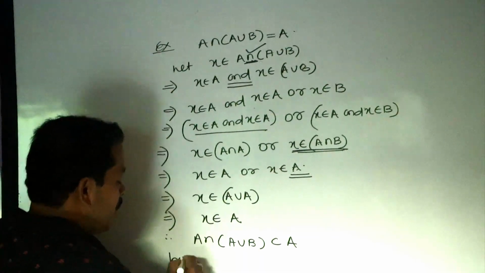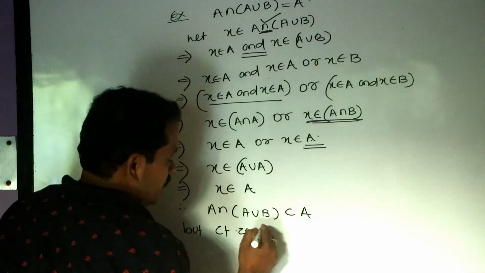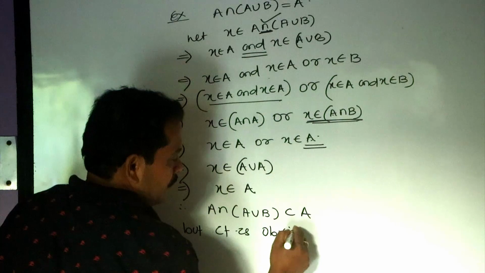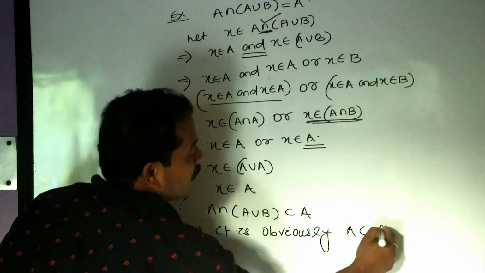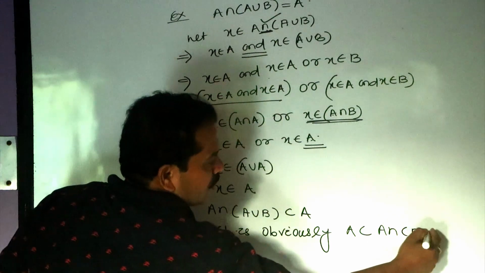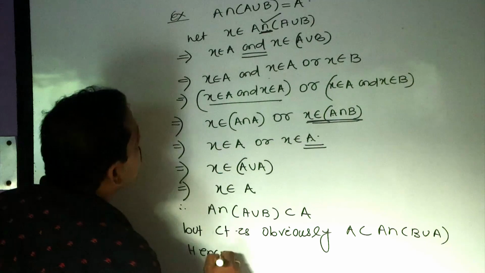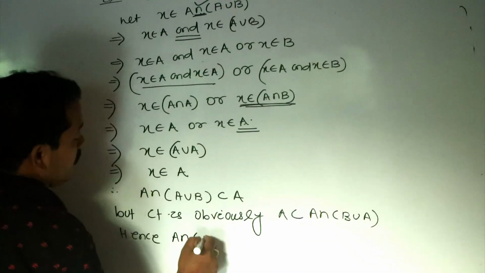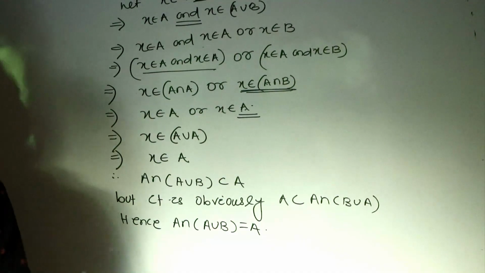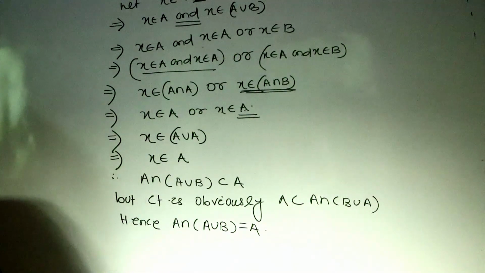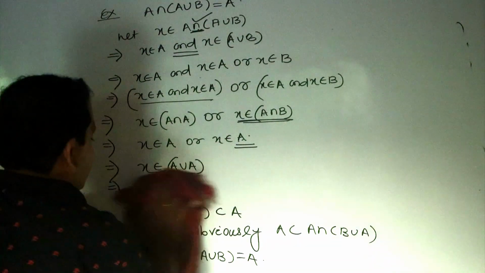But it is obvious that A is a subset of A intersection (B union A). Hence A intersection (A union B) equals A. In a similar way, you have to prove some more problems.